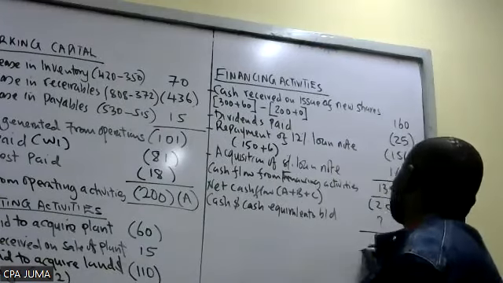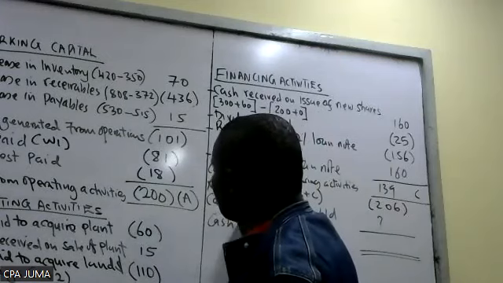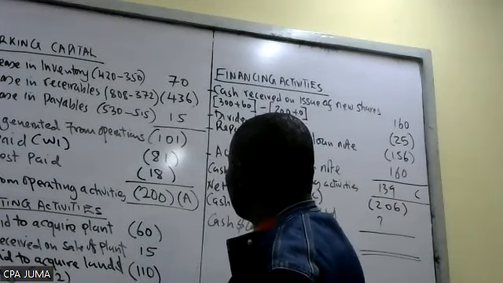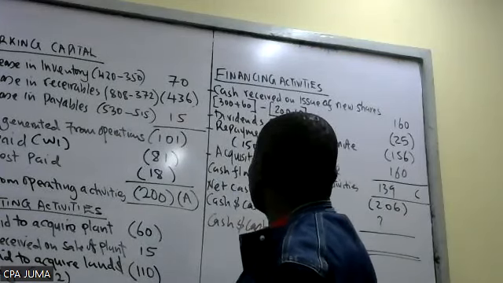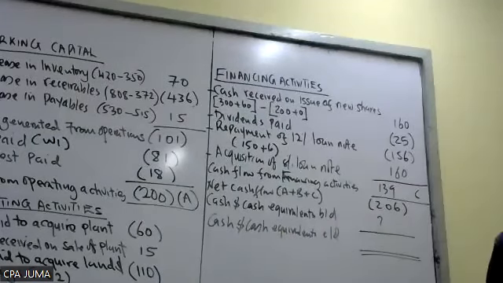If you add the cash and cash equivalents brought down, you're supposed to get cash and cash equivalents carried down.